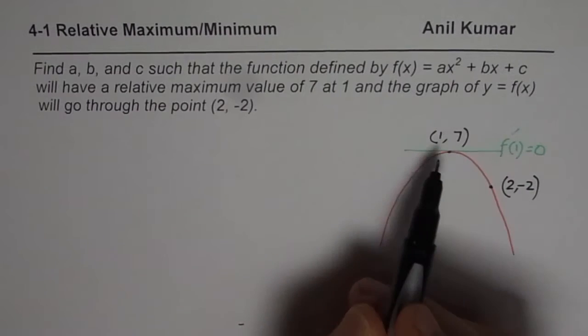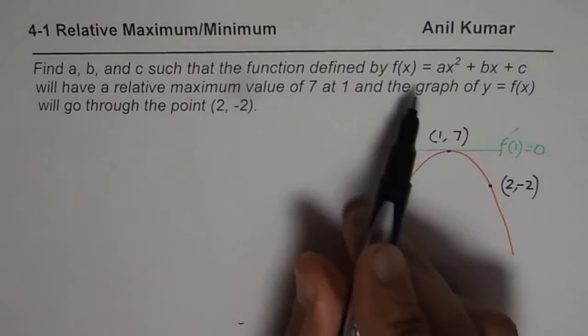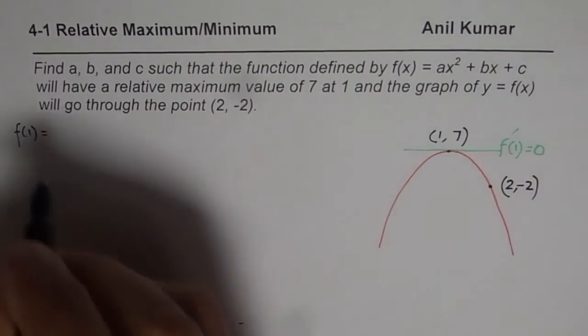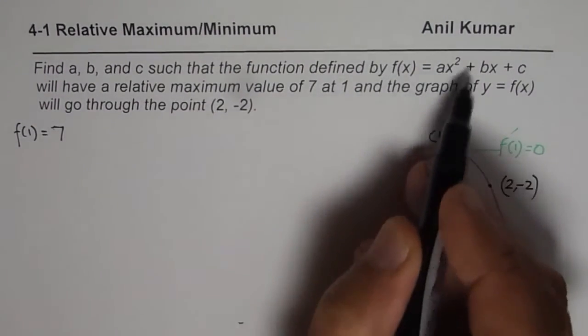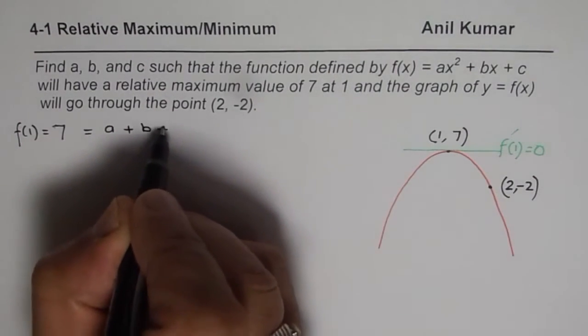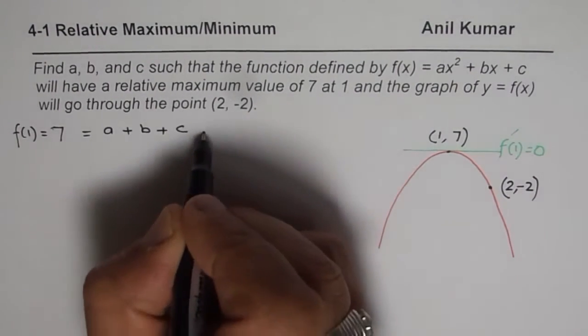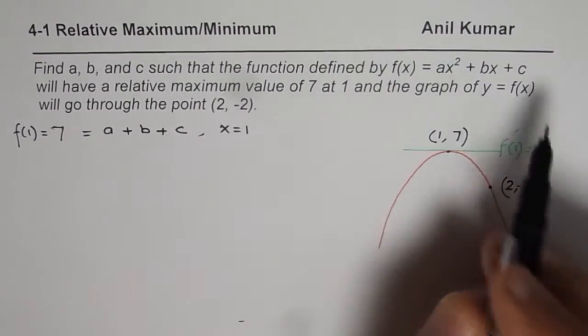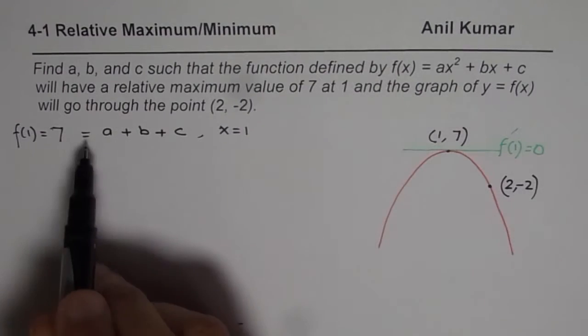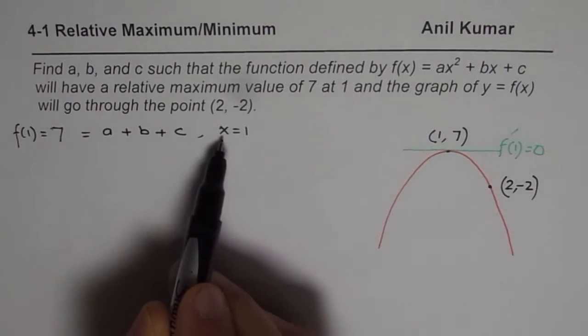Let's begin from here. Let's put 1 for x. So what is f of 1? f of 1 is equal to 7, and if I substitute 1 here, I get a plus b plus c. So what have I done here? I have substituted x equals 1 in this equation. 1 squared is 1, and then a plus b plus c equals 7 at x equals 1.